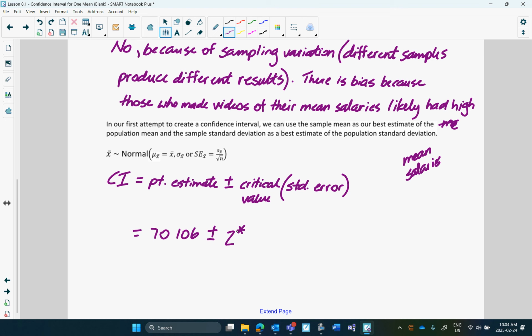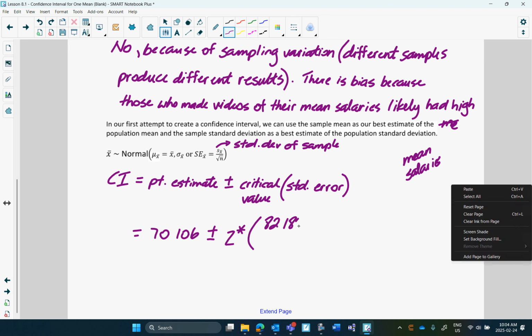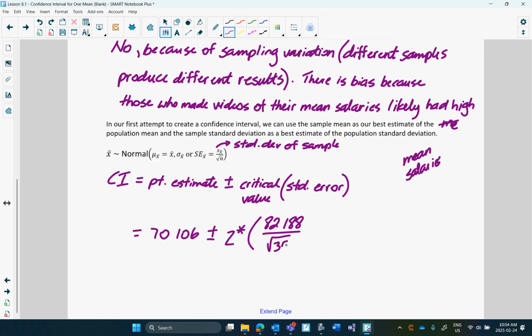If it was 99%, we'd have to calculate it, but we know it'd be a little higher. If it was 85%, it'd be a little lower. Then the standard error we would get using the standard deviation of the sample, that's what little s means, which was 82,188 divided by the square root of the sample size. I'll continue this on the next page.